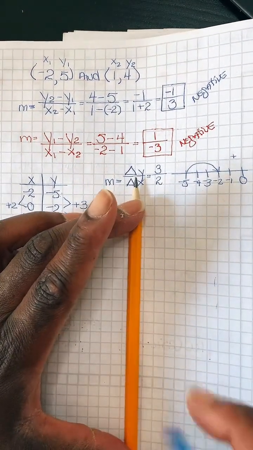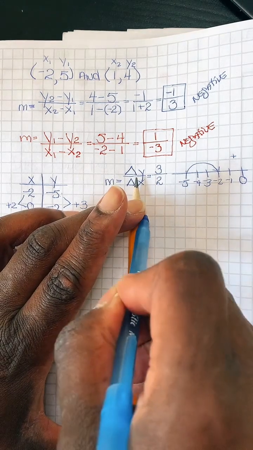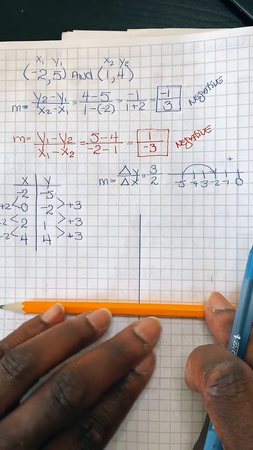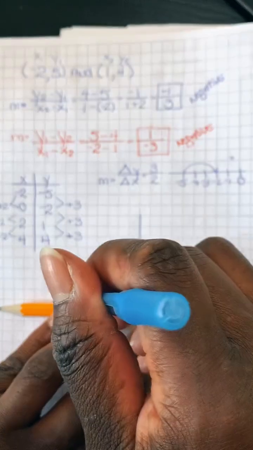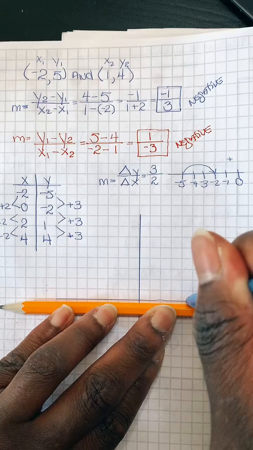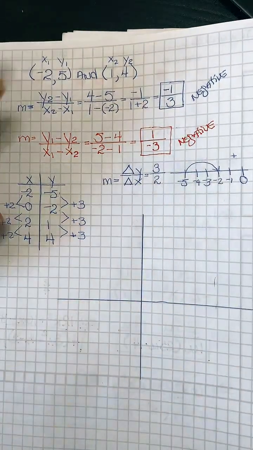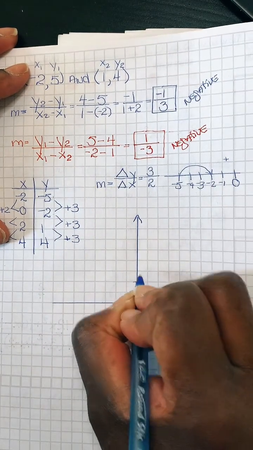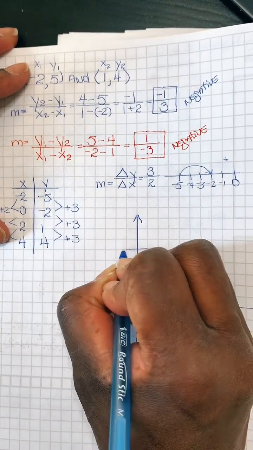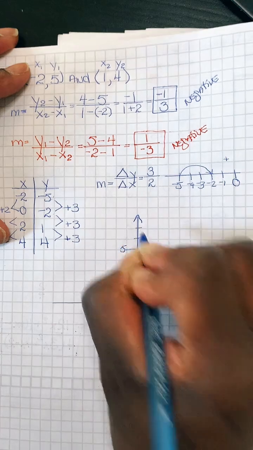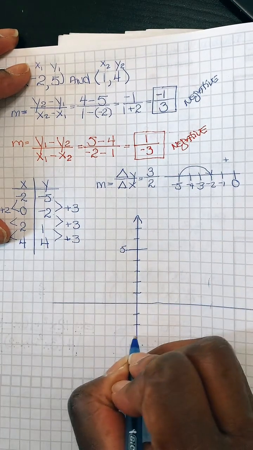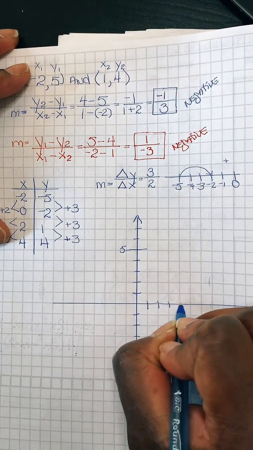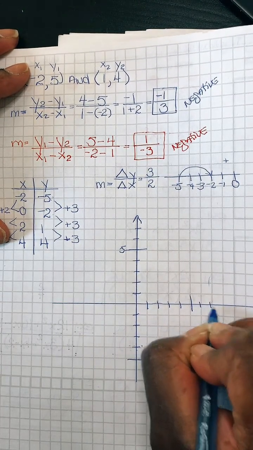Let me go ahead and draw my graph real quick. All right, so that's 1, 2, 3, 4. Here's number 5. I like to draw my 5s a little bit bigger, so it's easy to find. 1, 2, 3, 4, 5.